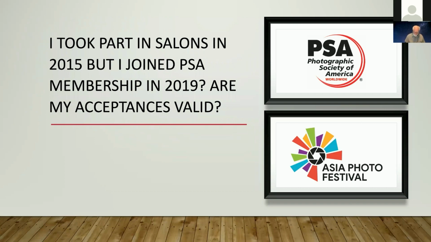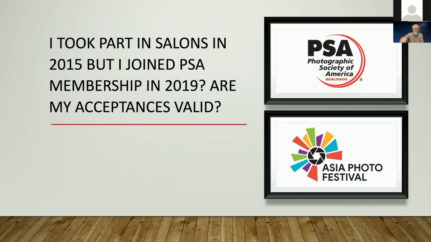When you join PSA, you can use acceptances that you gained before you joined, but there are some rules about this. Let's say, for example, you join PSA today, or keep it simple, join PSA on the 1st of December this year.